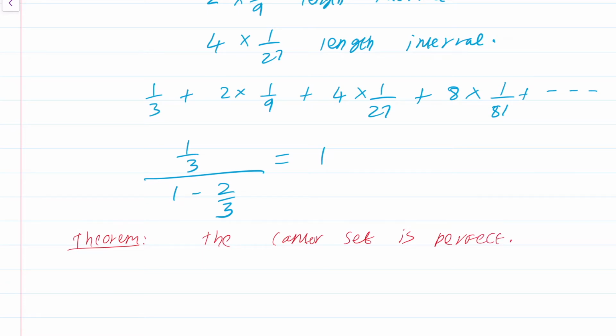Whoa, this is fascinating. The Cantor set is perfect, which means that it's uncountable. So even though you seem to have removed the entire length 1 interval, as the sum of this series shows, the Cantor set is nevertheless uncountable because the previous theorem says perfect sets are uncountable.